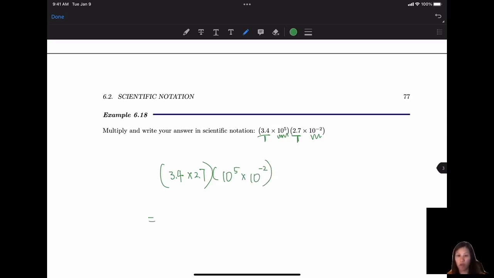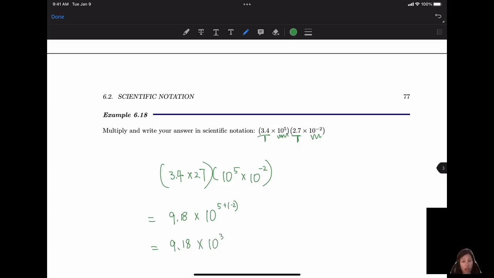Okay, 3.4 times 2.7, I have 9.18. And then 10 to the, this is multiplication, so by the product rule of exponents we have 5 plus negative 2. So we write 9.18 times 10 to the 3 power.